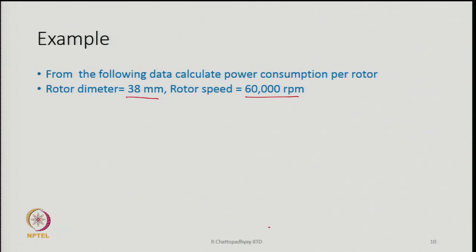So, that is the range, that the diameter can vary from 28 mm to almost 65 mm, and the rotor speed can vary from 45,000 to 1,20,000 rpm, depending upon the type of yarn we want to produce.